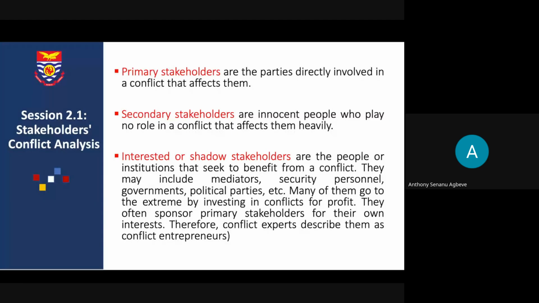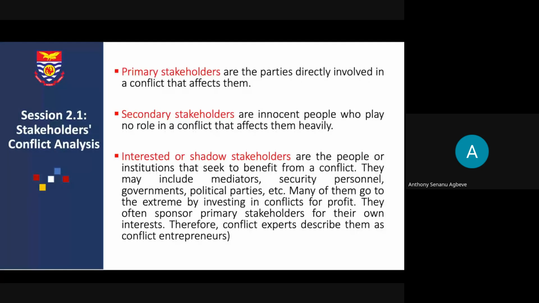Interested or shadow stakeholders are people or institutions that seek to benefit from a conflict. They may include mediators, security personnel, the government, political parties, etc. Many of them go to the extreme by investing in conflicts for profit.